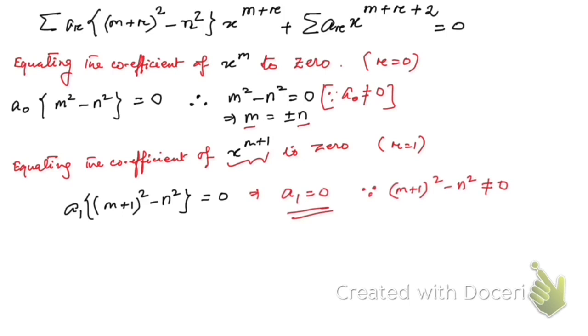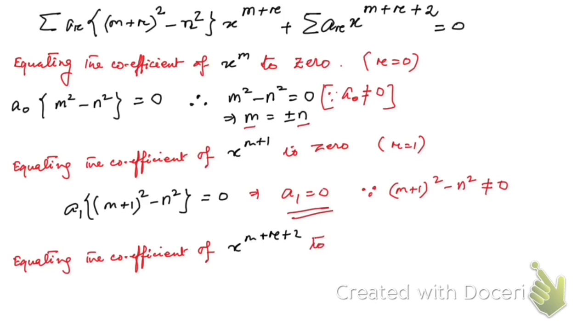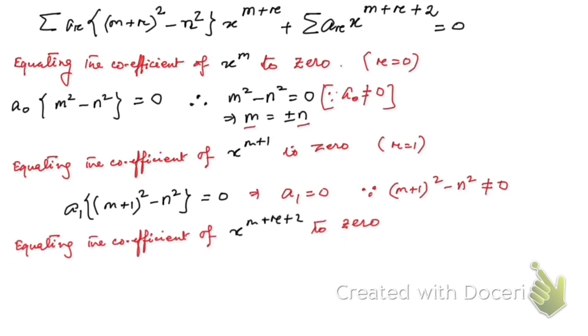Okay, now what we're going to do, we're going to equate the coefficient of x to the power m plus r plus 2 with 0, okay? In order to equate that, we're going to replace this r by r plus 2, right?